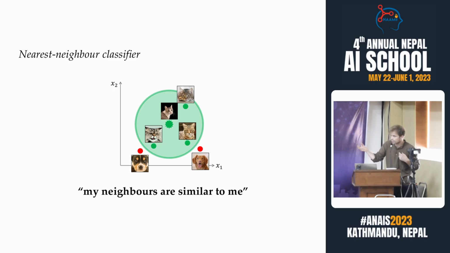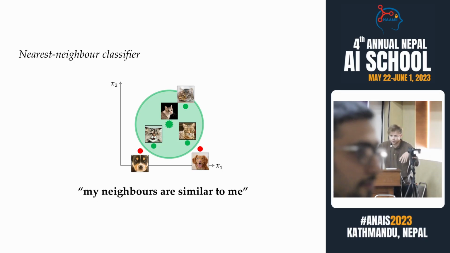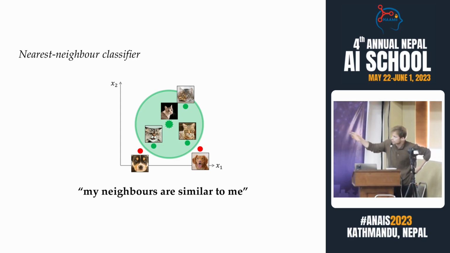I will find the labeled points, look at the labels of my neighbors, and compute something with this, maybe a majority vote of your neighbors, right? So in the case where you have just one labeled point near you, you'll just classify it as a cat, right?